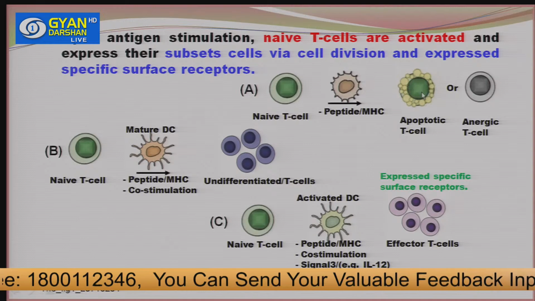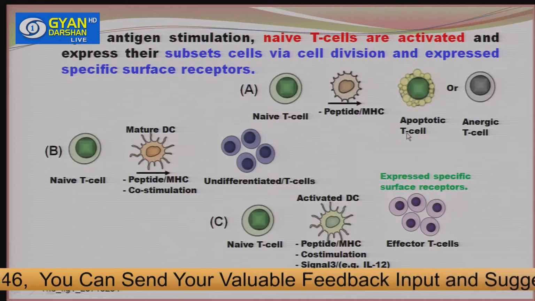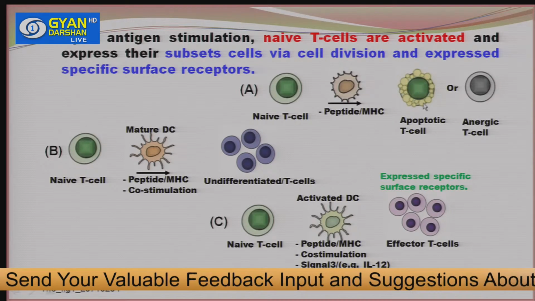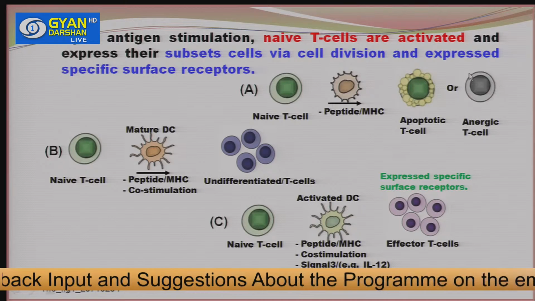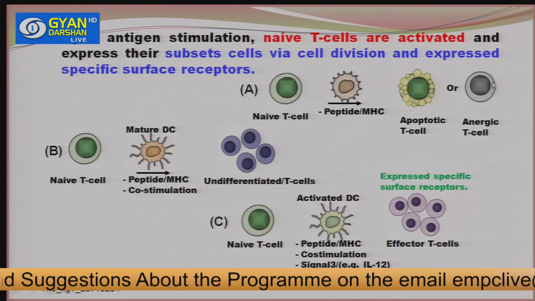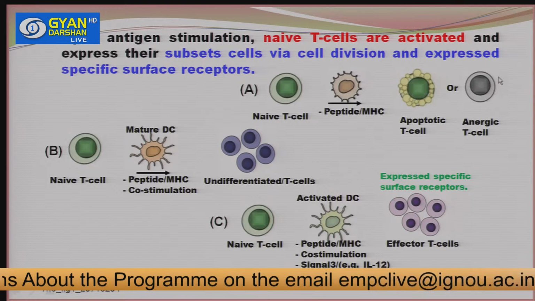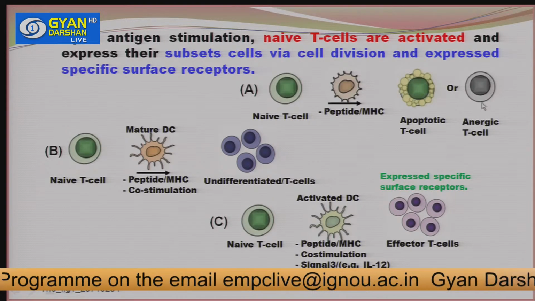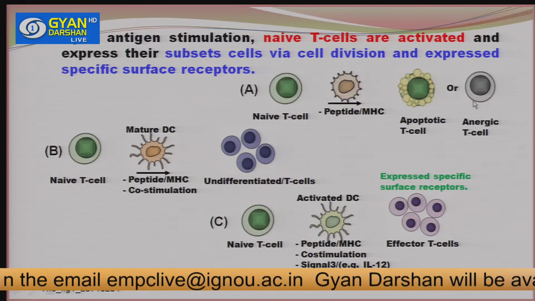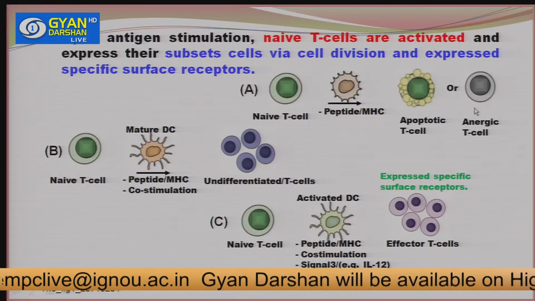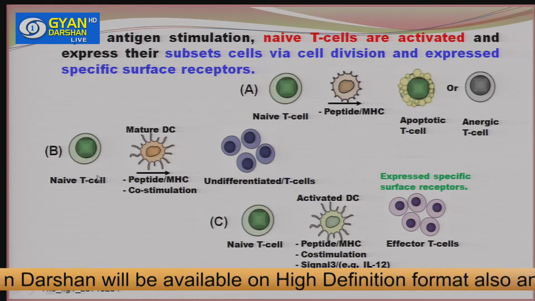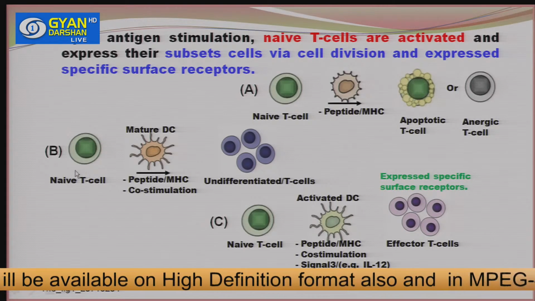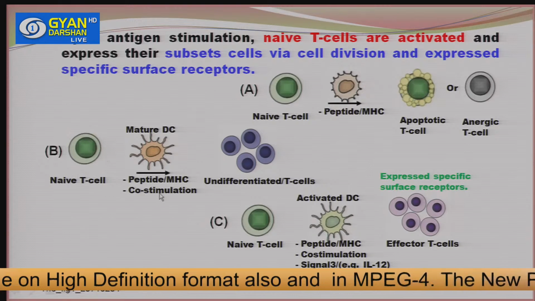They will go to cell death through the apoptotic cycle, or the anergic cells will lie in the body, but they are not differentiated and not activated, so maturation will not take place and they will not be able to kill the pathogens. Another process is there. Here are the naive cells.